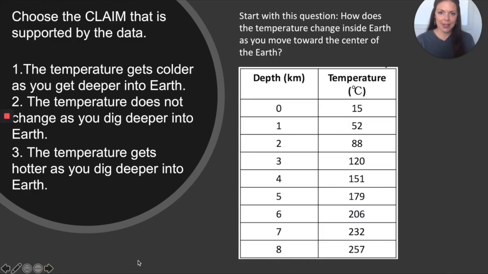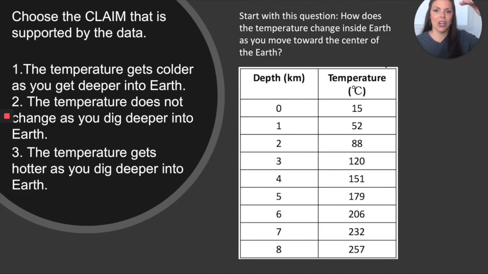We're going to practice a little. So here we have a data table, and in this data table we see that we've got depth in kilometers and temperature in degrees Celsius. The question that we're trying to answer is, how does the temperature change inside Earth as you move toward the center of the Earth?